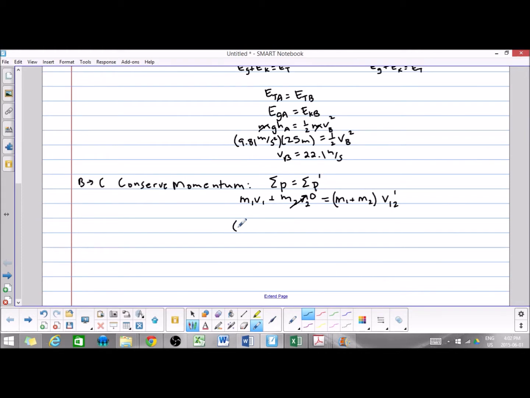So we've got 66 kilograms, and we solved that his speed at the bottom of the hill at the beginning of the collision was 22.1 meters per second. Afterwards, the total mass times their velocity as they go off together. And you solve that, and you find out that they're moving at 11 meters per second.